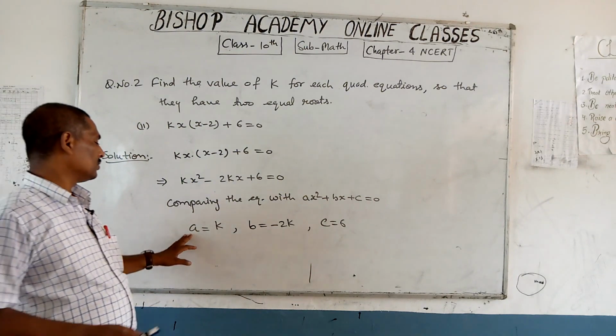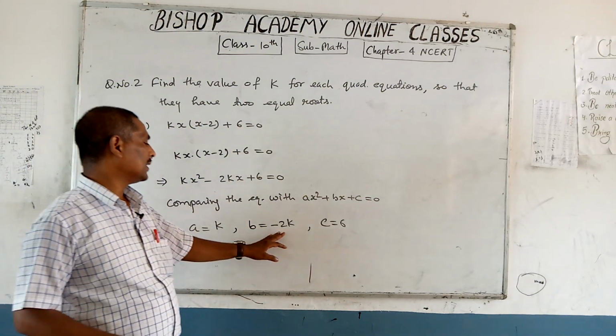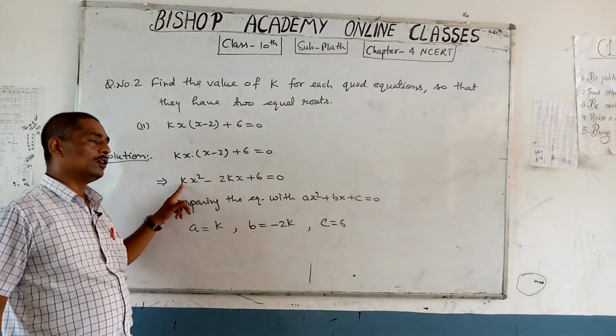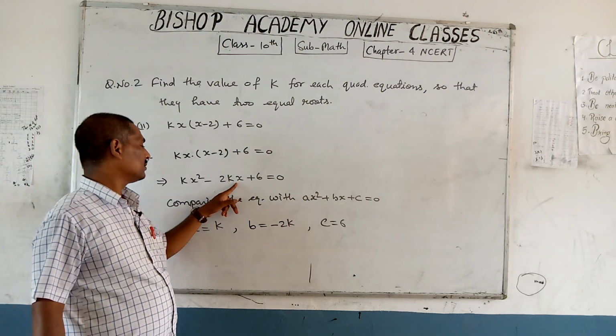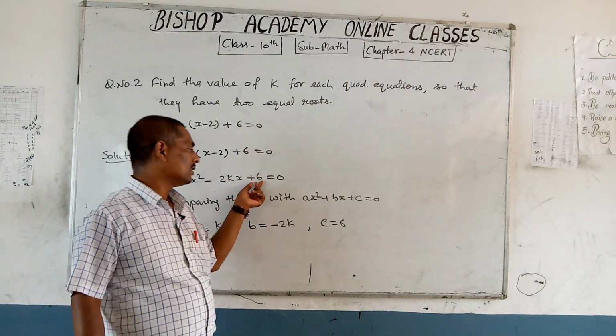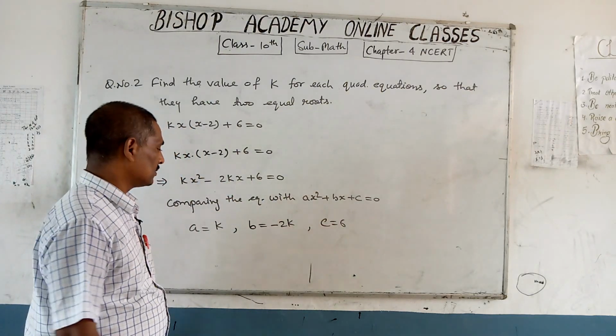Student, you got a is equal to k, b is equal to minus 2k and c is equal to 6. How? See, ax square means a is equal to k, plus bx means b is equal to minus 2k, plus c is equal to 6.